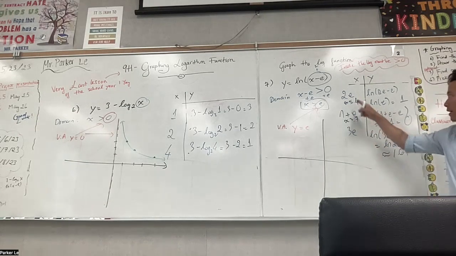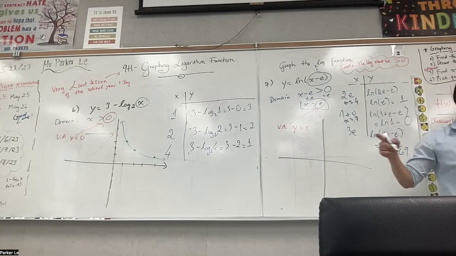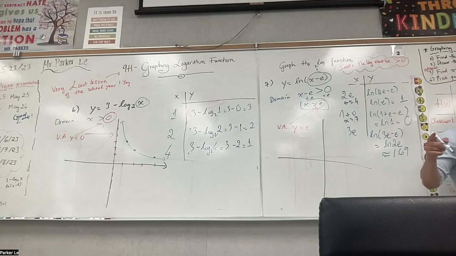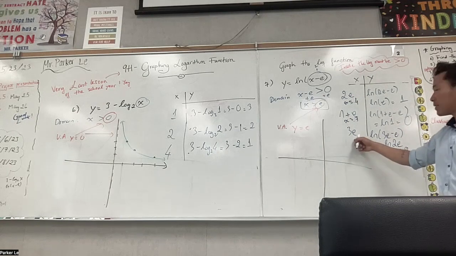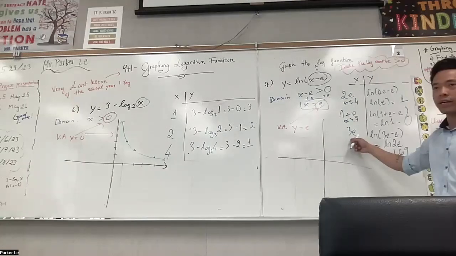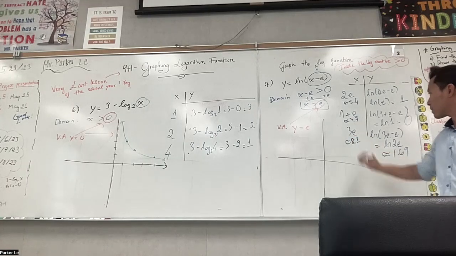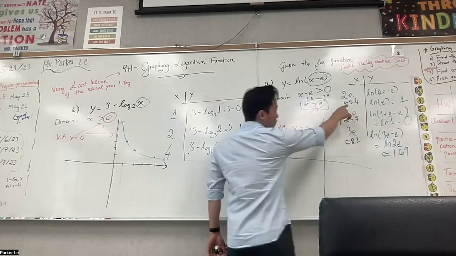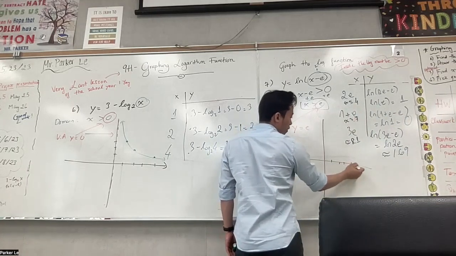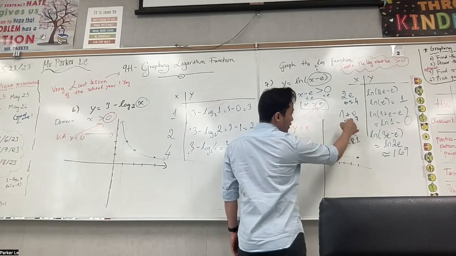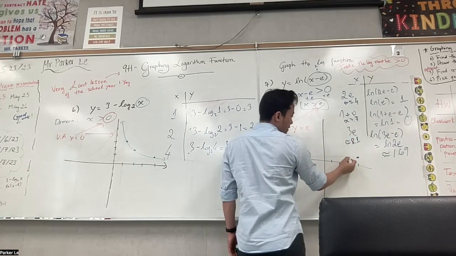3e is you multiply 2.7 times 3. So 2.7 times 3 is 8.1. So 5.4 is about right here. And then 3.7.